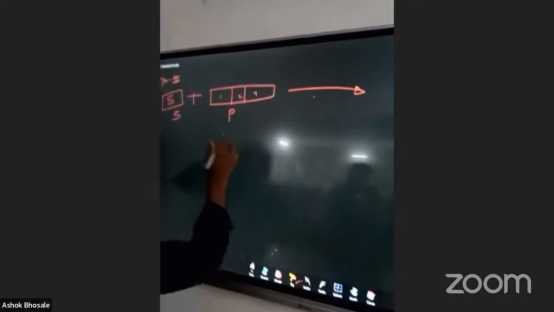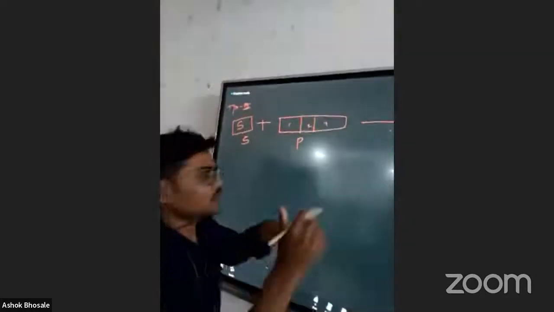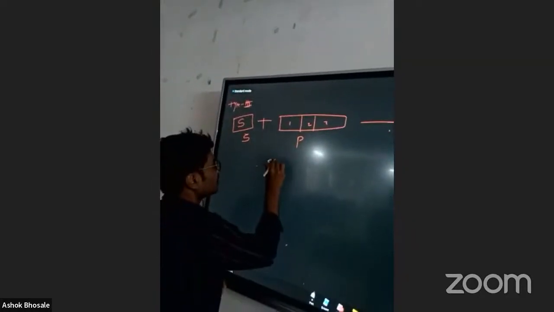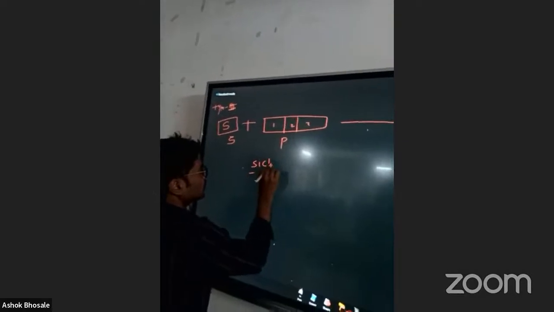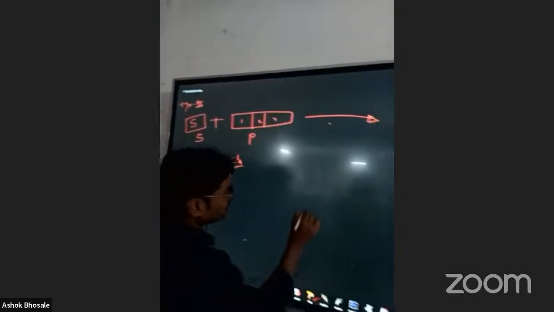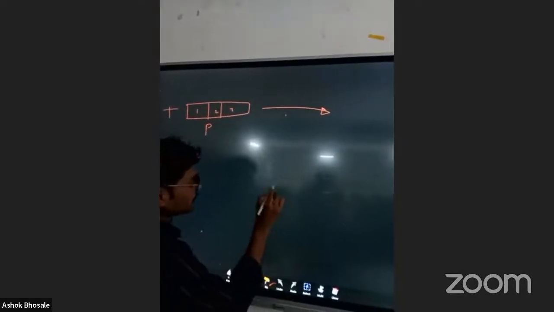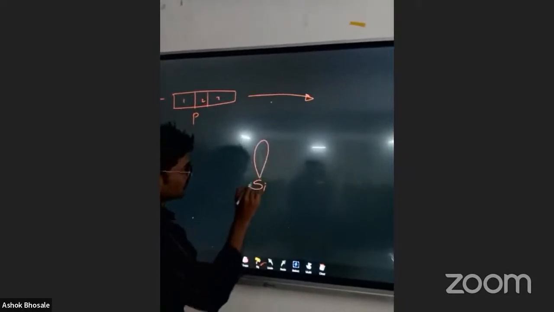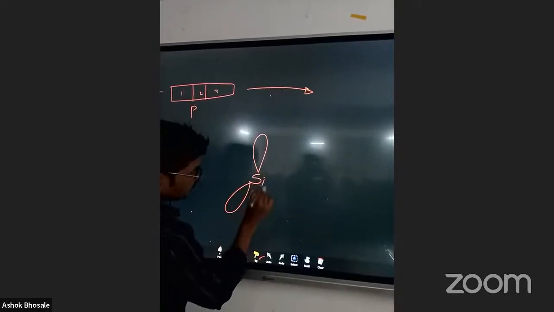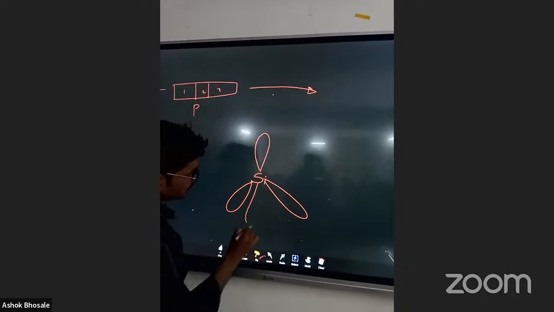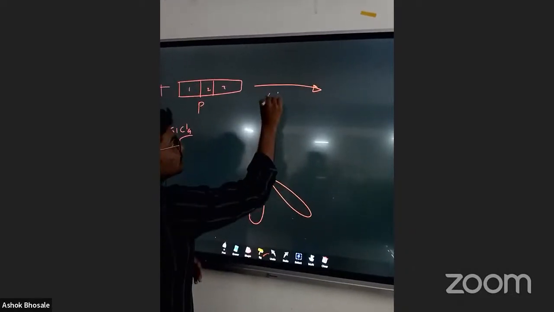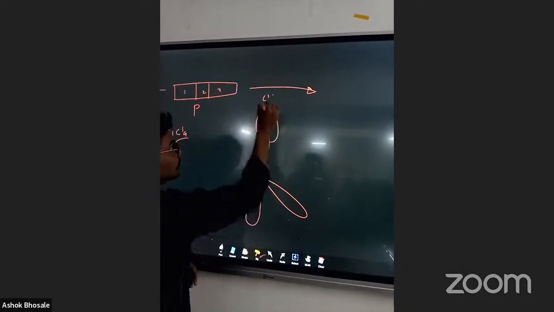Now we see the orientation of silicon tetrachloride. See here, the silicon atom has these orbitals, and this chlorine also has one orbital.